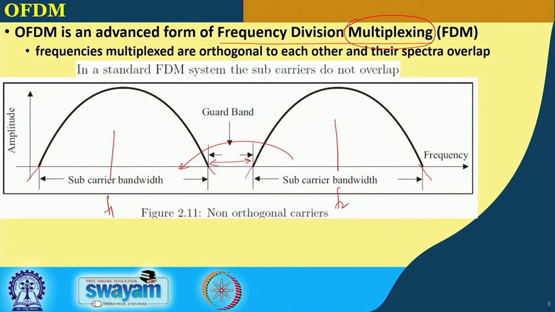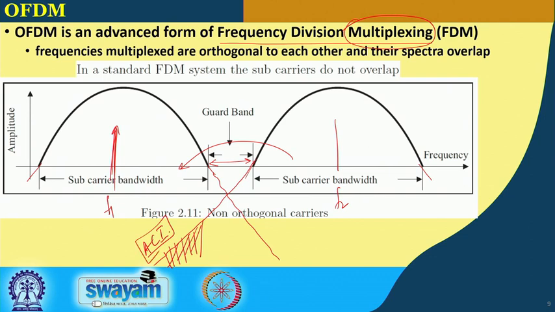The reason one has a guard band is that the signal dies out like this, right. So, when one is demodulating this particular desired signal, one can get a significant amount of adjacent channel interference.